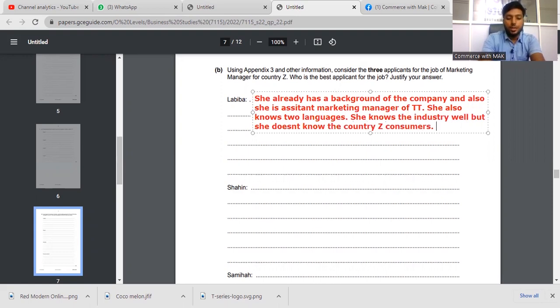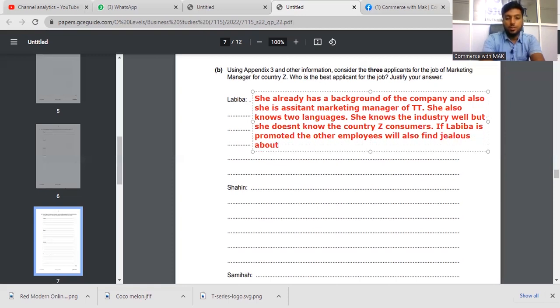We can also say that if Labiba is promoted, the other employees will also feel jealous about TT not picking them for the marketing manager position.